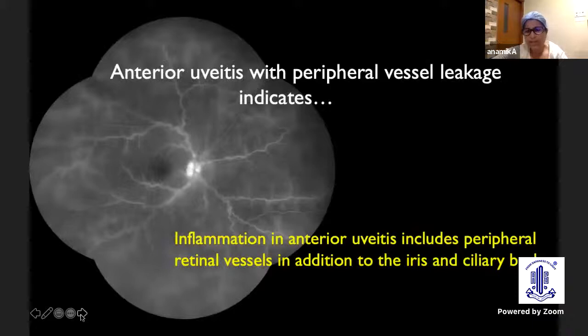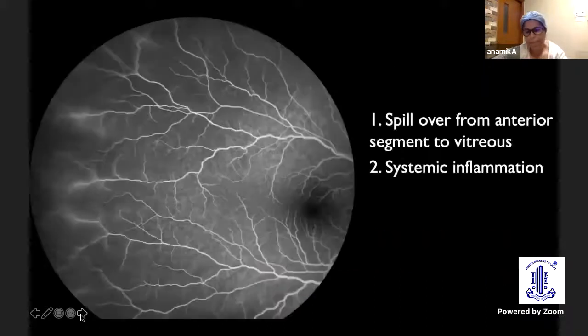The logical thinking would be that if you see peripheral retinal vascular leakage in a patient with anterior uveitis, as we know, classically in anterior uveitis the iris and the ciliary body inflammation happens. But given that we are seeing peripheral retinal vascular leakage, it would mean that the peripheral retinal vessels are also involved in the inflammation.